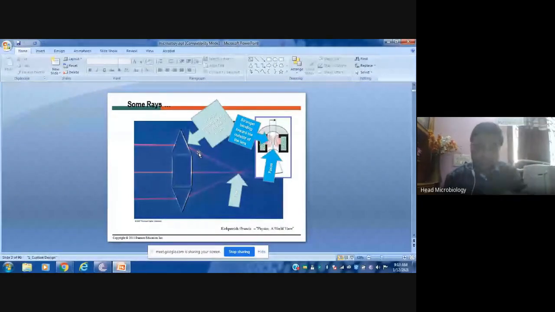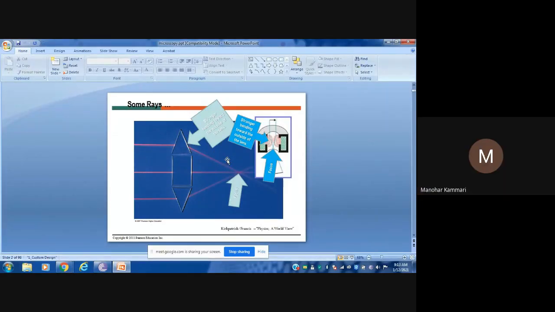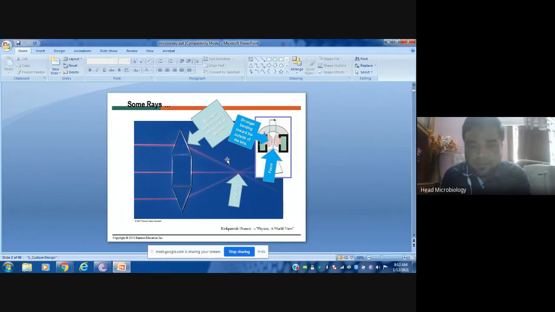Here you can see some of the rays are transmitted out, they are coming out, but they are not going in a straight line, they are being bent. What is this property called? Refraction. It is called refraction. What is the property behind this refraction? Why is this refraction taking place?